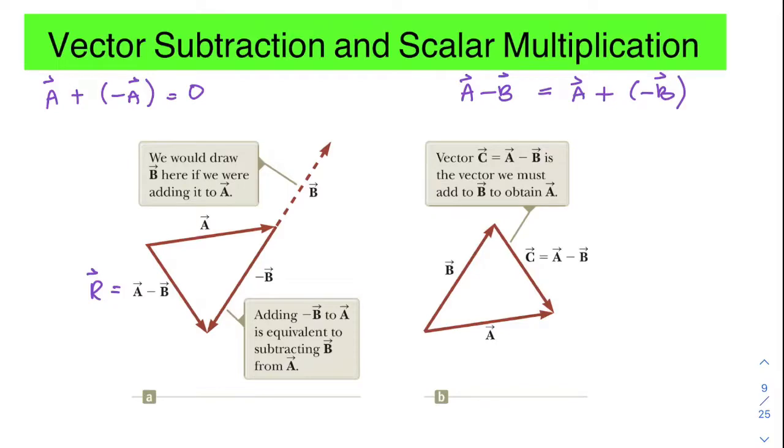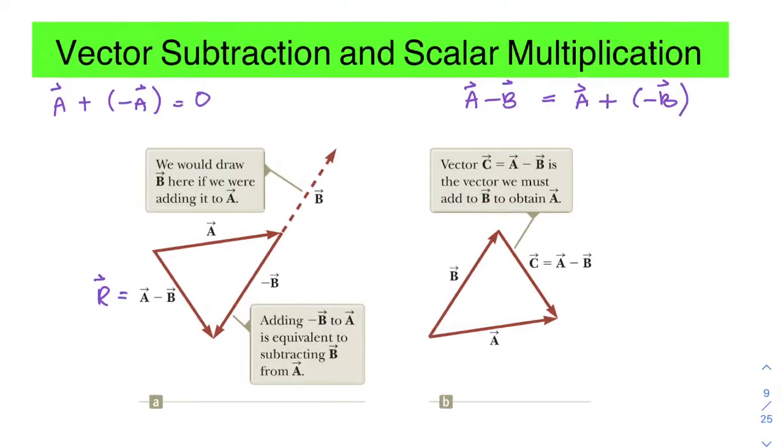Okay. So how to do that? For figure B, the process that needs to be done is C equivalent to A minus B. Which vector is the C? C is the vector we must add to B to obtain A. What does that mean? Since C is equivalent to A minus B, this is the actual process needed by the question, let's say.